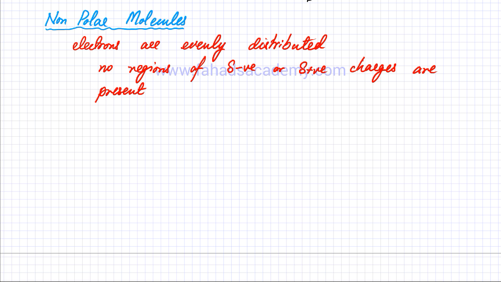I'll give you an example of such a molecule. For example, we have bromine, which has electrons which are evenly distributed. So a bromine molecule, a Br2 molecule, is not going to attract or repel other substances, or in other words, they are going to attract or repel other substances, but the attraction or the intermolecular forces are going to be extremely weak.